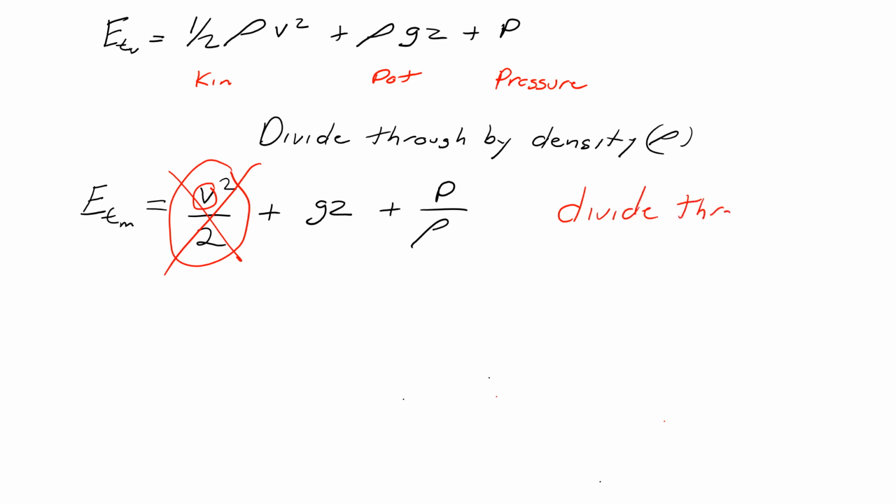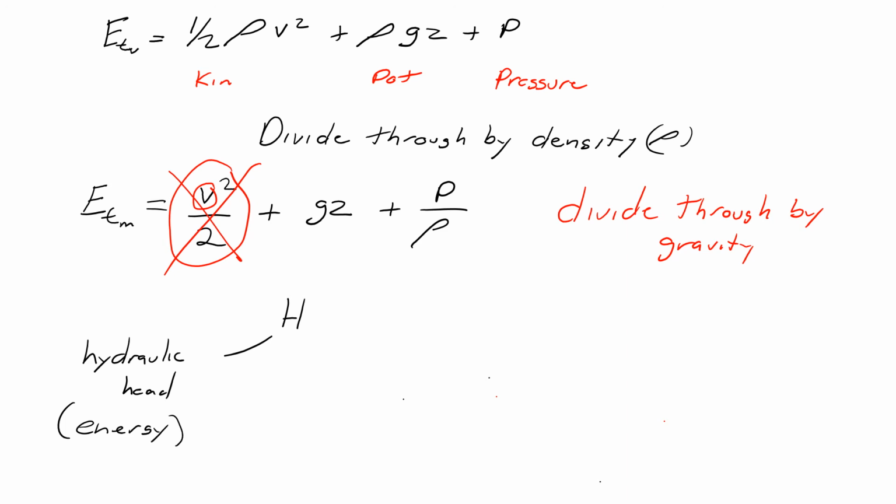Now what we want to do is divide through by gravity. When you divide your energy total per unit mass by gravity, you get something that hydrologists call hydraulic head.